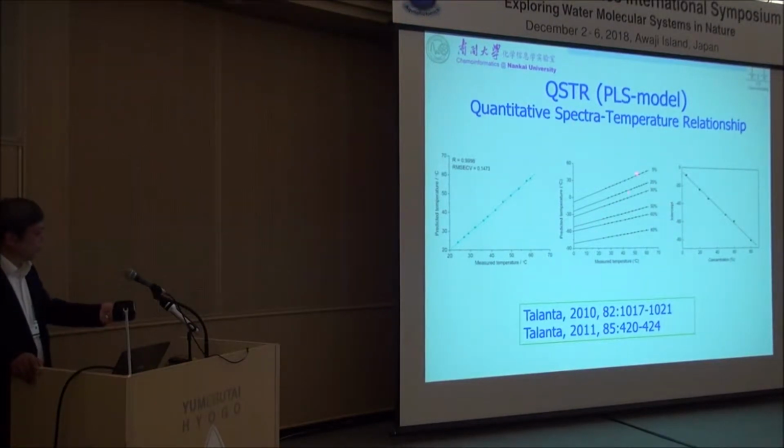But if we compare the lines, the intercept and the slope of these lines are different. If you compare these intercepts and slopes, another straight line can be obtained. This is the relationship of the concentration and the intercept.